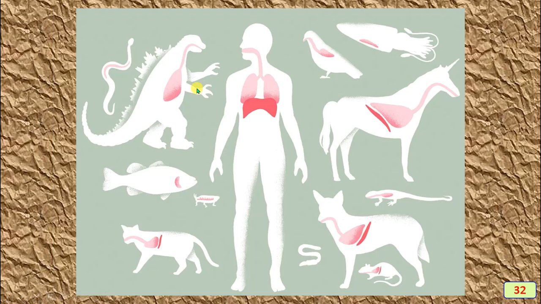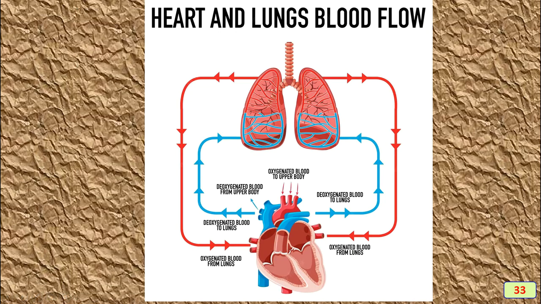So different animals do contain different types of lungs. For example, snakes, birds, aquatic animals, horses, and other domestic animals like rats do contain lungs, including human beings, as a basic organ of respiration.